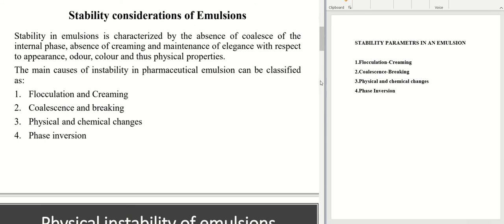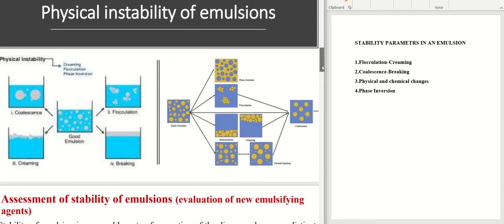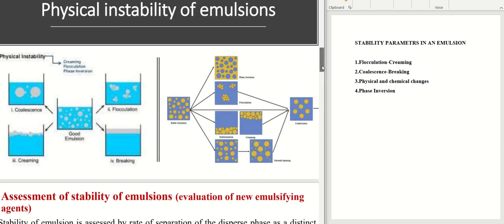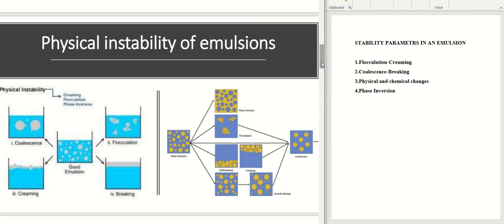Now, this physical instability of emulsion is explained by this figure. These are the physical instability problems that we see during emulsion formulation.